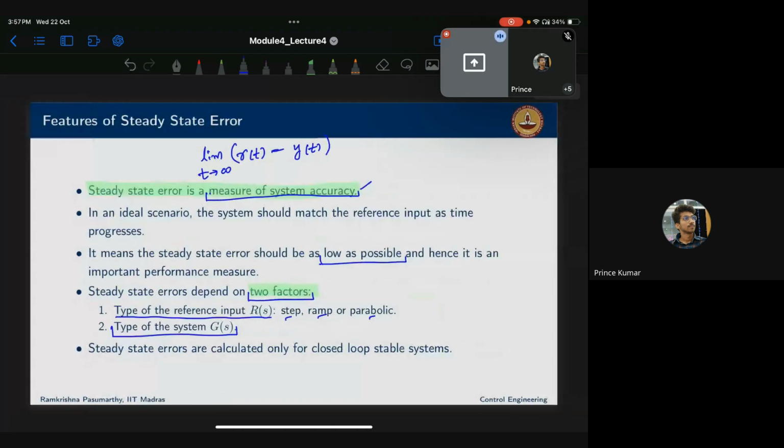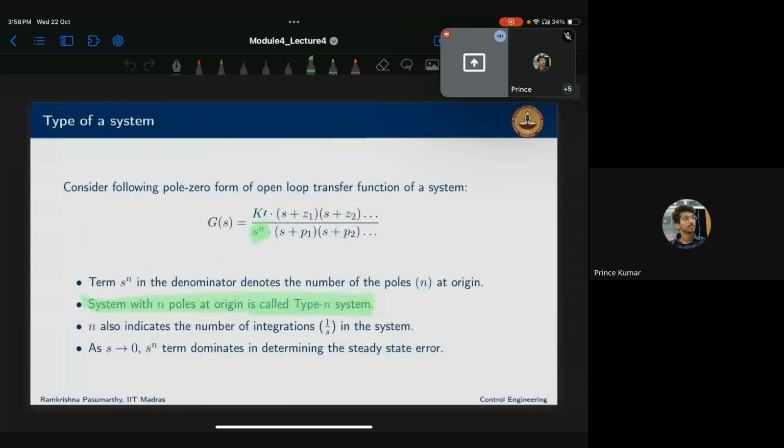We'll see what exactly the types are. Also, we calculate steady state errors only for a closed loop system, not for open loop.